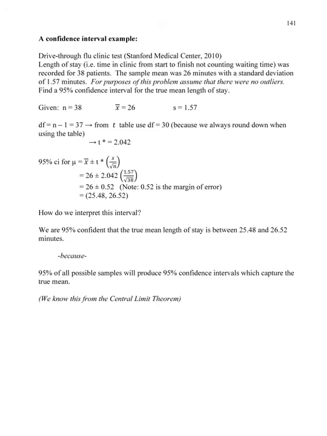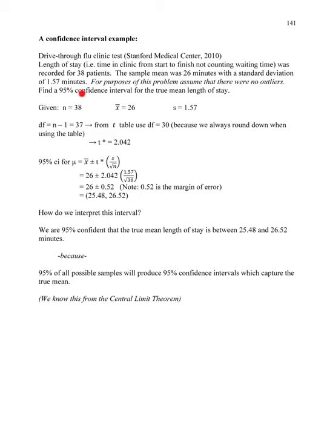What they found from this experiment is the sample mean length of stay, from the time they enter into the flu parking lot till the time they're discharged. The sample mean was 26 minutes with a standard deviation of 1.57 minutes. For purposes of this problem, we're going to assume that there were no outliers.